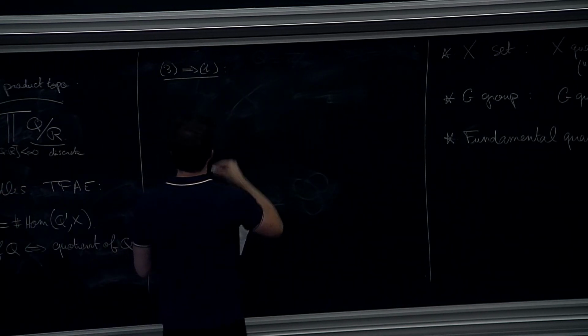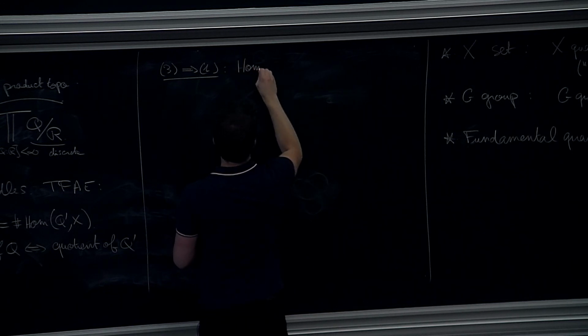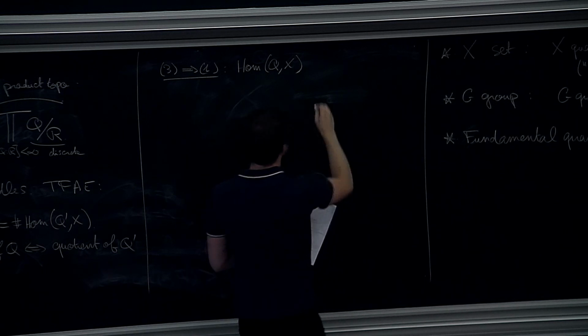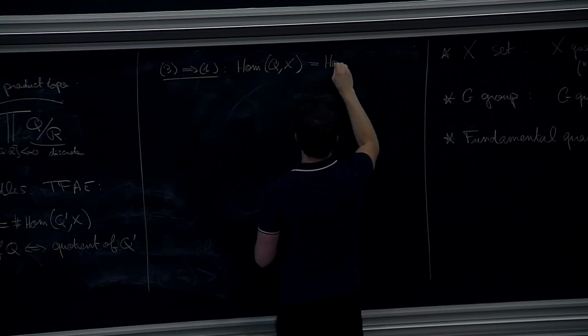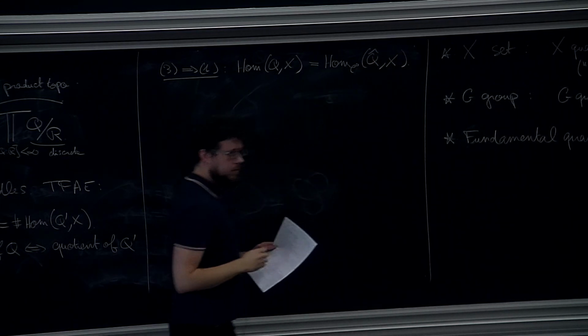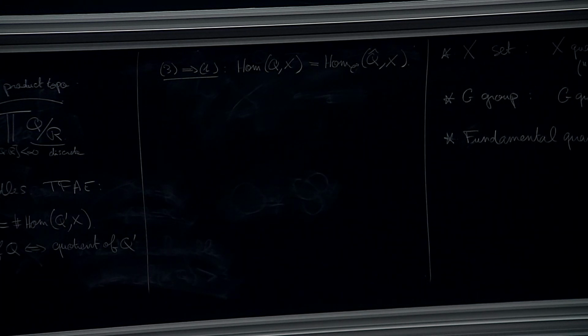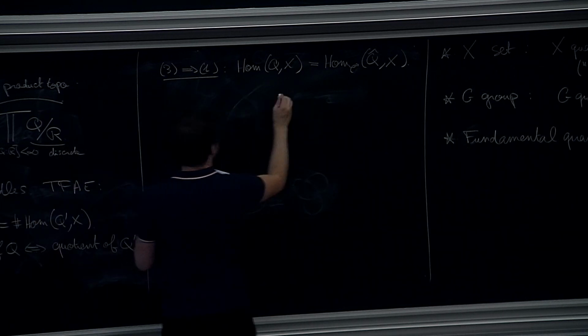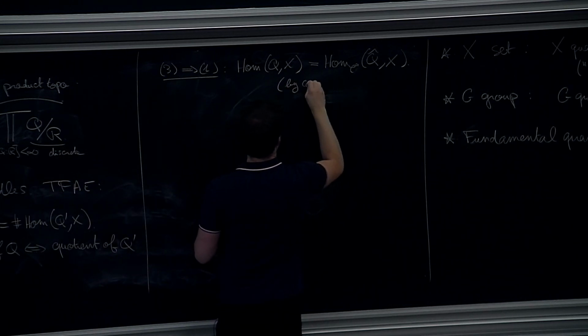Because to have morphisms from Q to a finite X is exactly the same as to have a continuous morphism from the profinite completion of Q to X. So if I know profinite completions, I know these numbers. This is by construction.